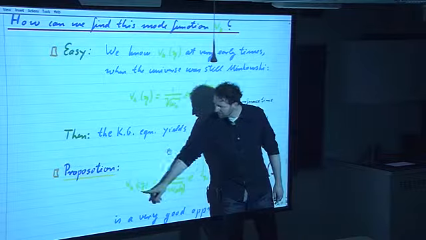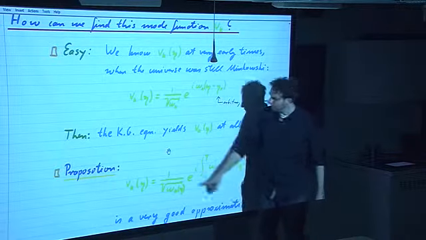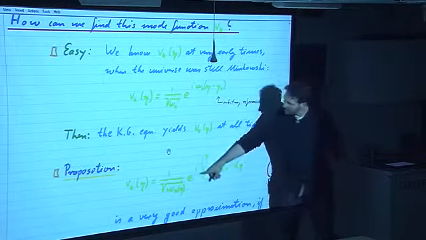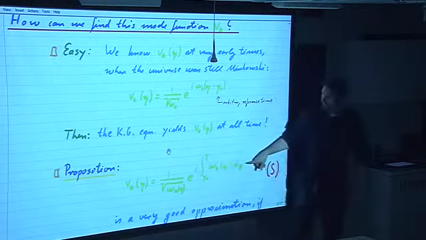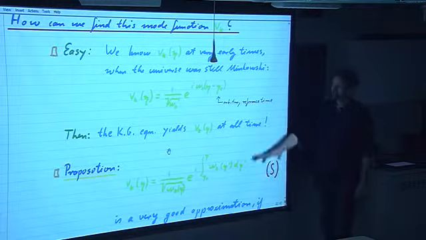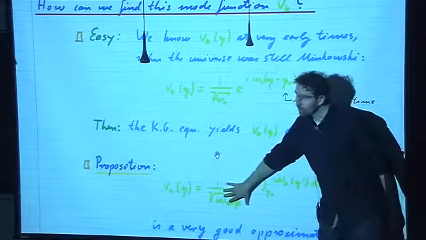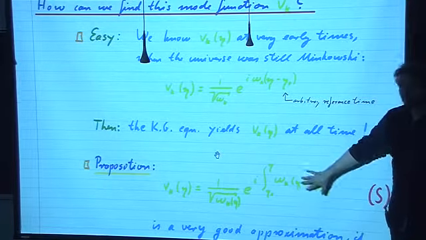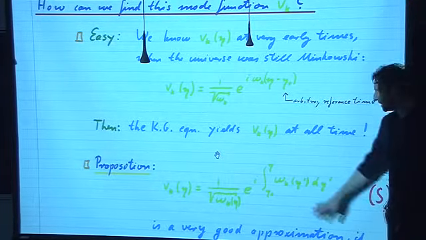And it turns out that the Vk of eta is then given by 1 over square root of omega k, and here the integral over that phase. Strictly speaking, this is not a solution to the Klein-Gordon equation. But it is a very good approximation to it if the evolution is adiabatic.